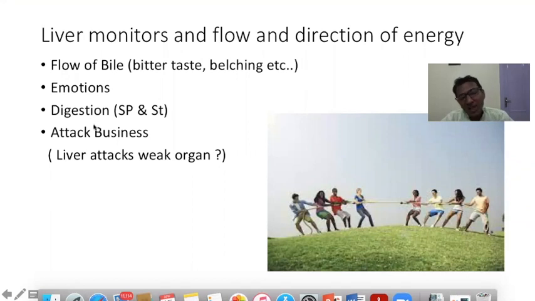Okay, that is why I have put it as attack business. I couldn't comprehend what this attack means initially. So, liver attacking small intestine, liver attacking spleen, liver attacking stomach. So many protocols you will hear, and it is important to understand what it means.